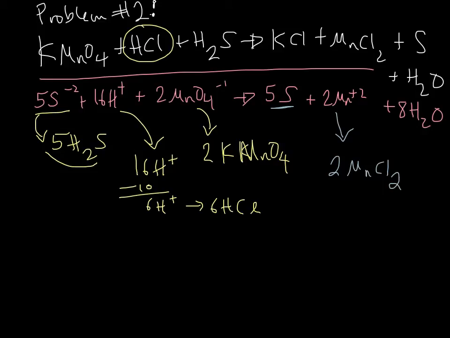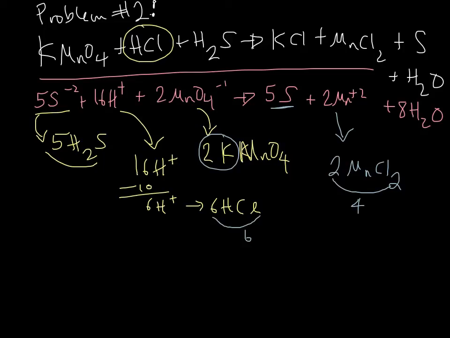So let's check on my Cl's. On the reactant side, I had 6 HCl's, so that gives me 6 chlorines that I need to account for. And on the product side, so far, I'm only seeing 2 times 2, which is 4 chlorines. So I have this discrepancy. I have another discrepancy in the form of the potassium. On the reactant side, I have 2 potassium spectator ions, so I know I'm going to have 2 potassium spectator ions on the product side.